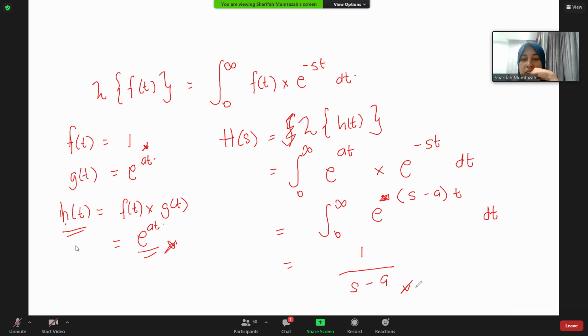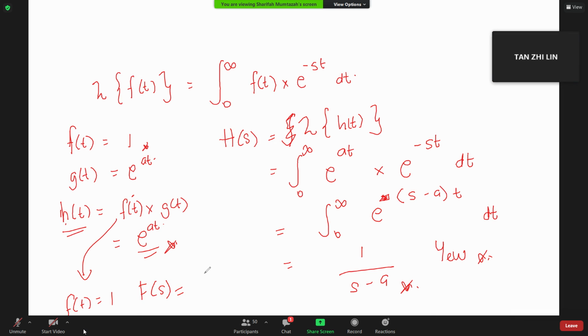Now, if you look into the table, if f(t) is equivalent to 1, what is F(s)? It is 1 over s. Now, what is F(s minus a)?